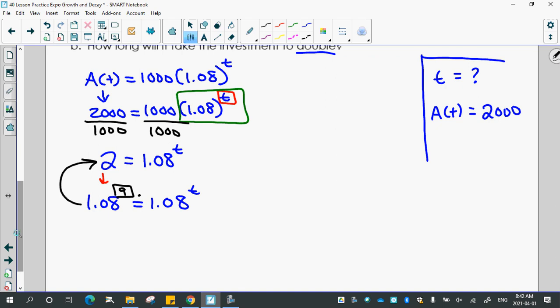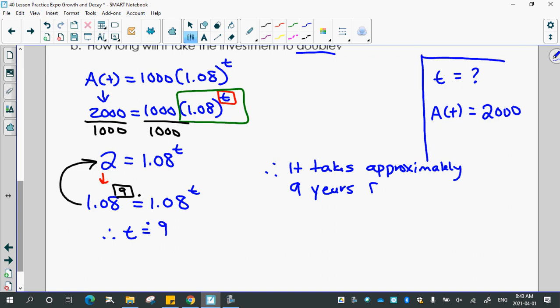Okay? So now that our bases are the same, our exponents are approximately the same, therefore t is approximately 9.